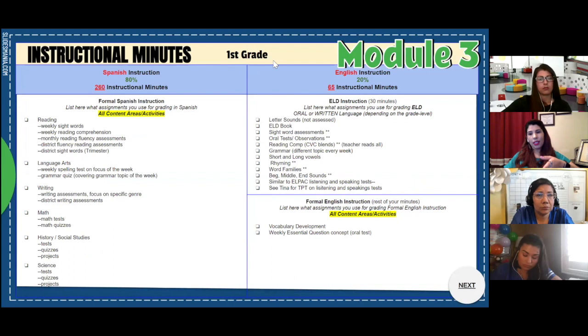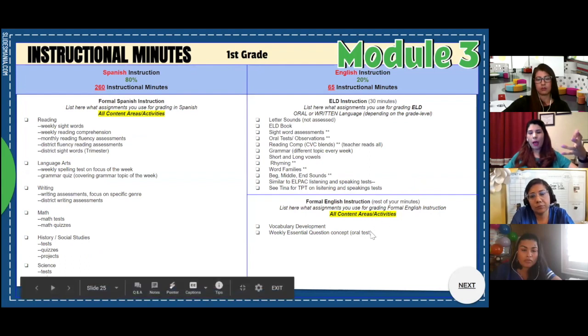But then it starts getting a little complicated for first grade, for example, because then the instructional minutes increase. So then we have 65 English instructional minutes. What are you doing? Are you ELDing all day long there? Are you strategically doing ELD, English language development practices there?